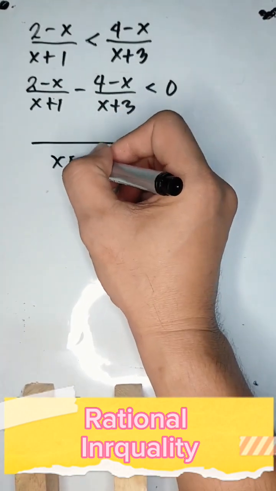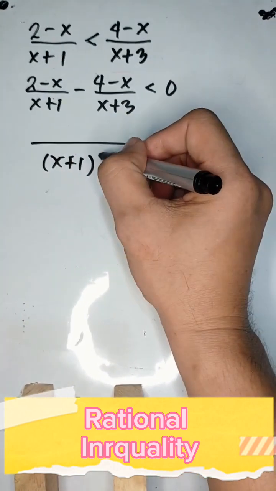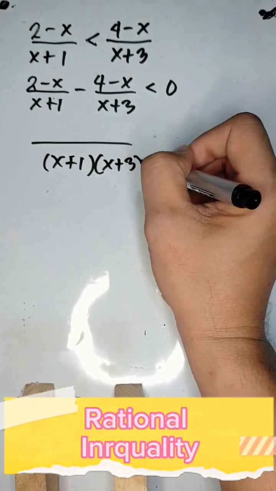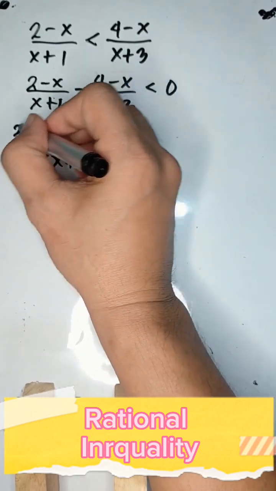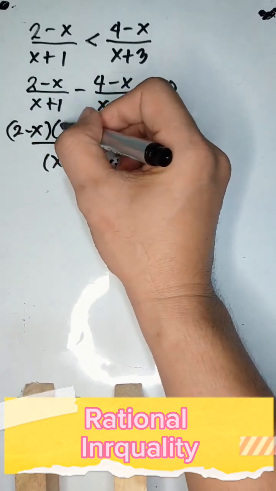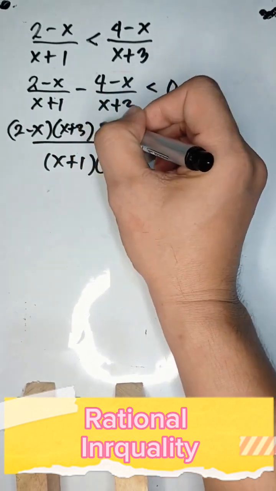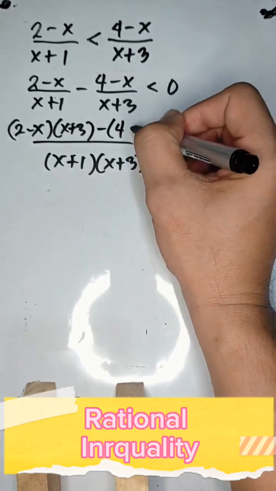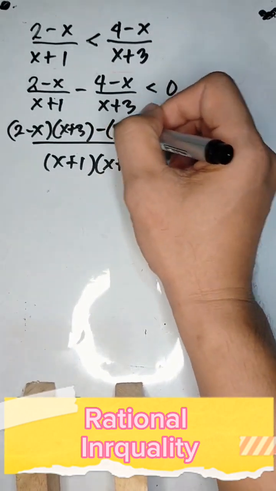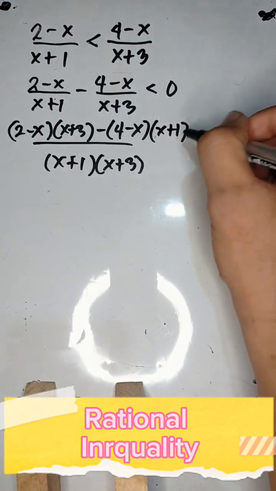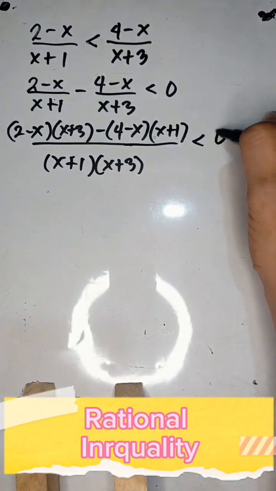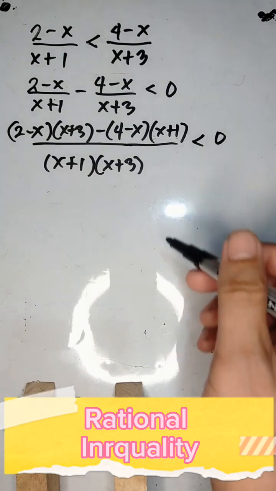It's gonna be x plus 1 and x plus 3, and multiply that to our first binomial here. So (2 minus x)(x plus 3) minus (4 minus x), I gotta be careful with the parentheses here, multiply it to (x plus 1). Okay, all less than 0.